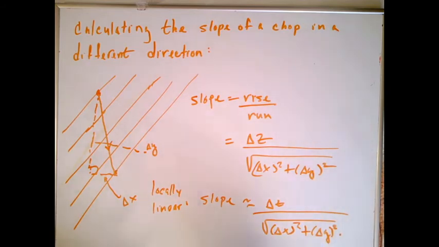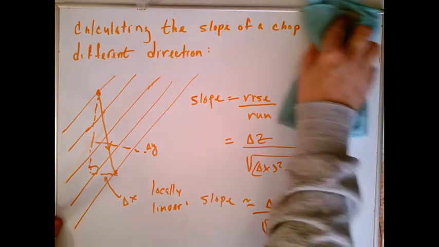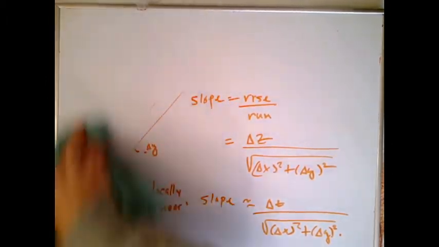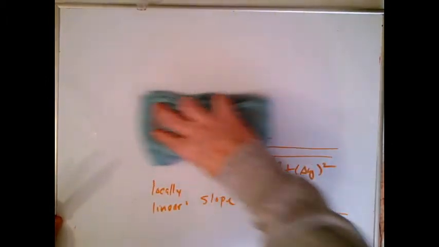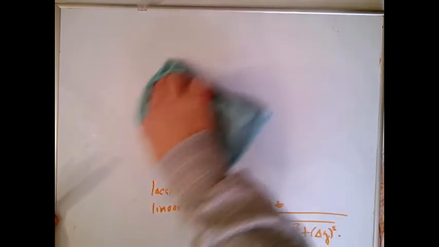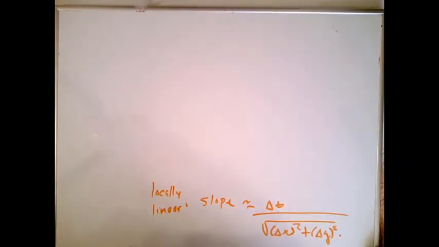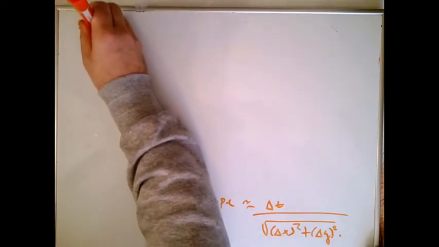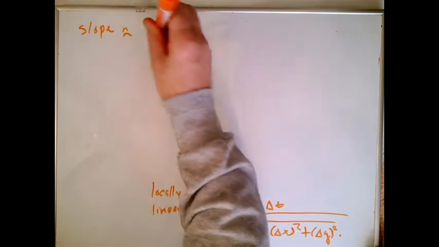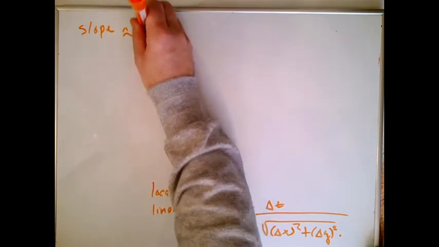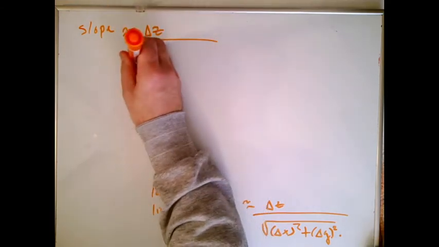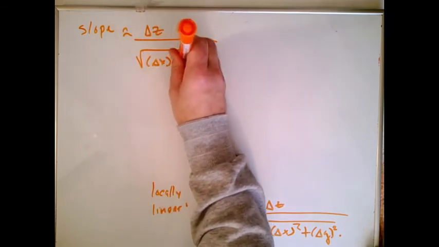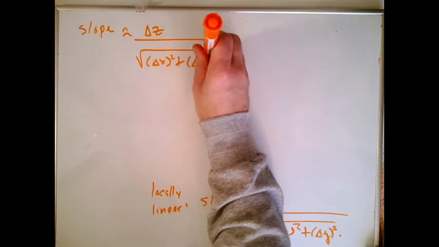Now what I'm going to do is just carry this calculation up to the very top, and we'll do some stuff with it. Not some major stuff. So the slope we're looking for would be estimated by delta z over the square root of delta x quantity squared plus delta y quantity squared.